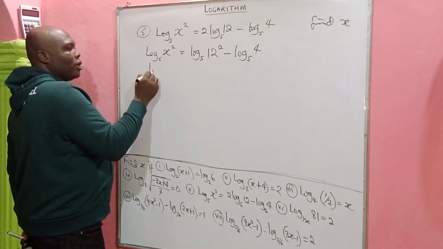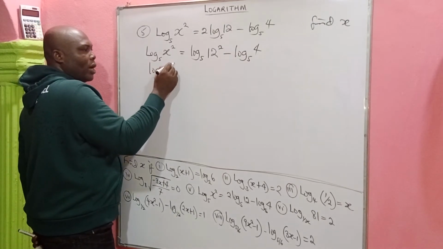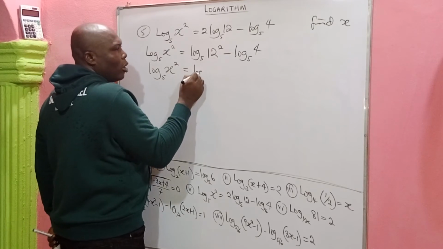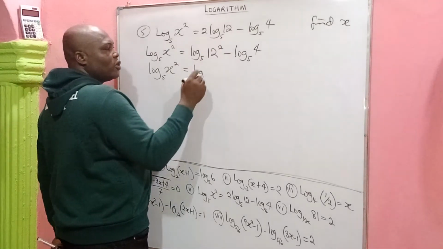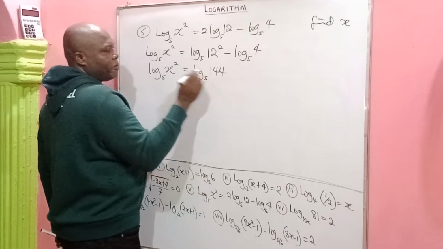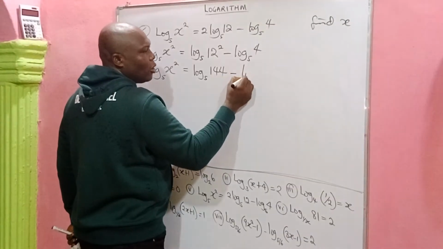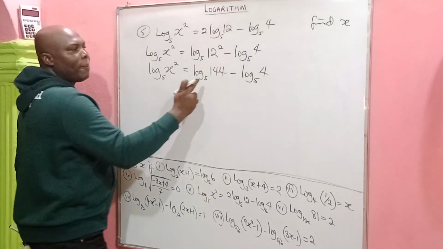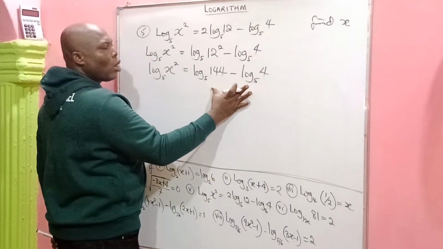So at this point, we are going to have log of x squared to the base 5 equals log 12 squared, which is 12 times 12, which is 144. Alright, so we have log 144 to the base of 5 minus log of 4 to the base of 5. So at this point, you apply the second law to take a common log 5.